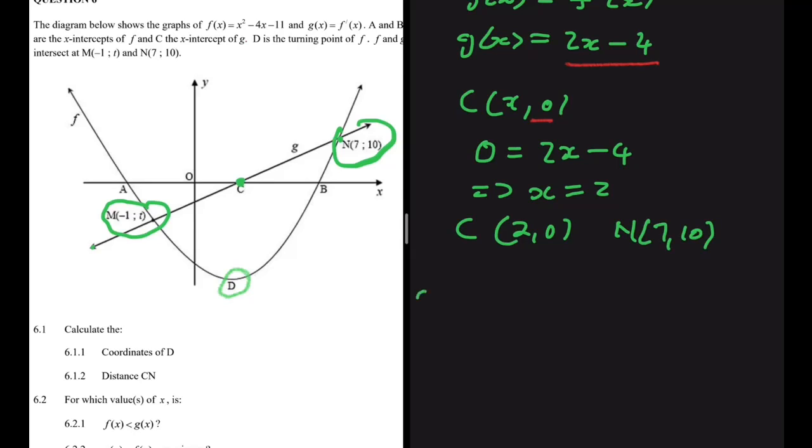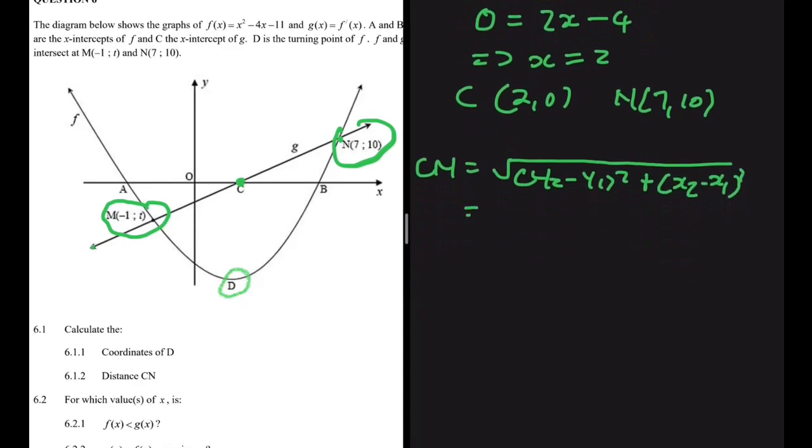If we do that, we're going to have cn equal to, now we're using the distance formula, the square root of y2 minus y1 squared plus x2 minus x1 squared. Let's take our point n as the second point. So we're going to have 10 minus 0 squared plus 7 minus 2 squared.